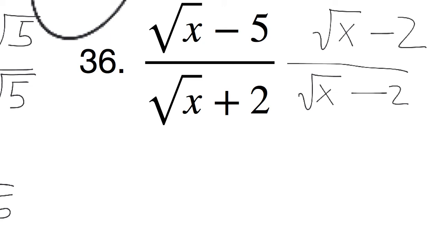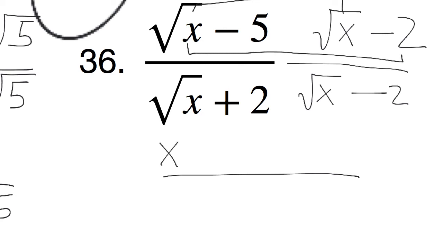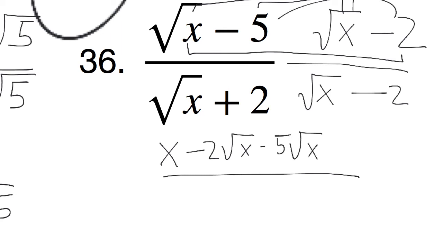So now, when we FOIL the top, we get first, that would be x. Outside, we get minus 2 square roots of x. Inside, we get minus 5 square roots of x. Lasts, we get positive 10.